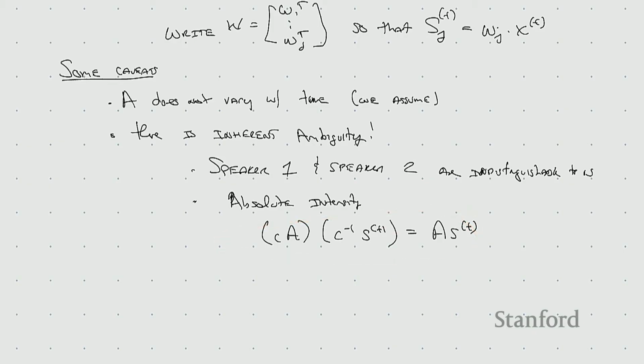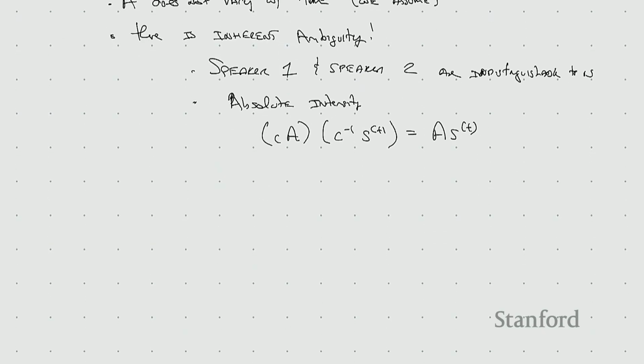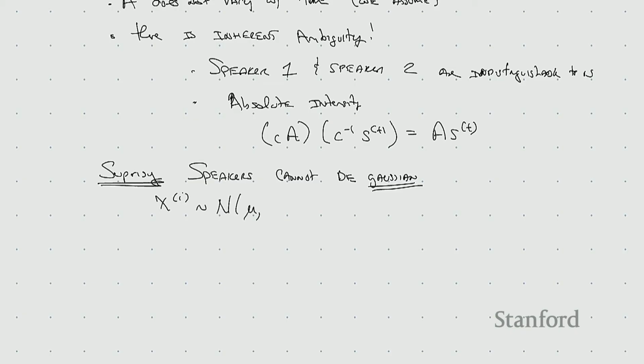Now that has a surprising consequence. And this is why I like to teach it intellectually. The speakers cannot be drawn from a Gaussian distribution. We're going to have to make some statistical assumption, but they cannot be Gaussian. Why? Suppose they were. Xi would then be a normal drawn with some mean from AAT.